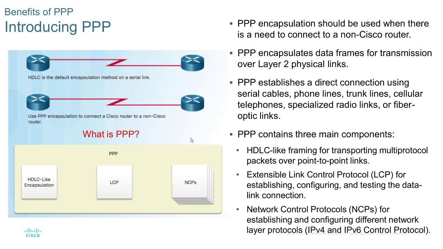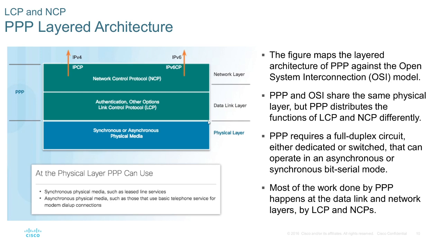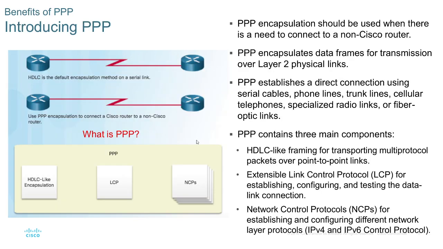So we can use PPP when we are establishing point-to-point connections, these direct connections, using a variety of different ways, whether across serial cables, phone lines, trunk lines, cellular communications, other types of radio links, fiber optic links. You may even come across PPP in LTE based broadband connections and things like that. So PPP is a fairly commonly used mechanism. We will particularly use PPP if we are connecting to a non-Cisco router, if that is what we want to do.